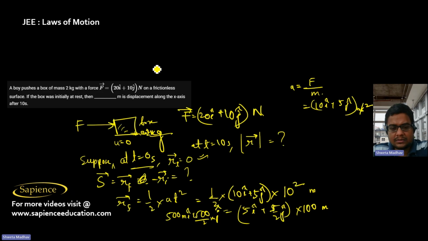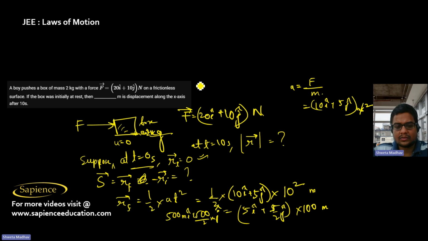Therefore, the displacement vector, r final minus r initial, will be equal to this, 5 I cap plus 5 by 2 J cap into 100. So it is 500 I cap plus 250 J cap.